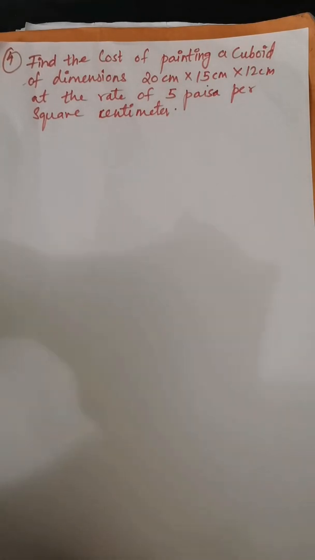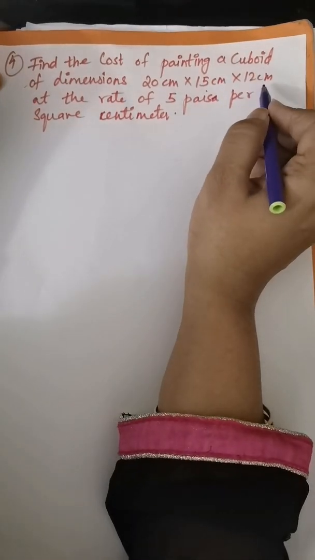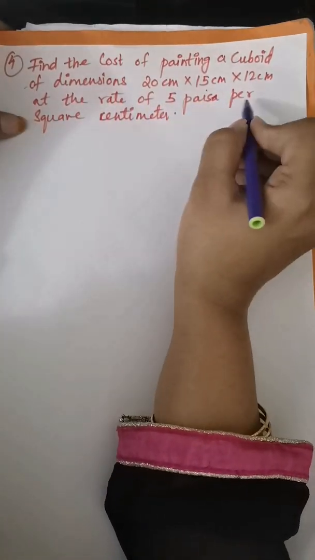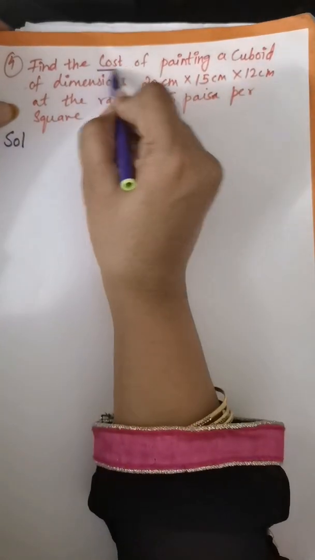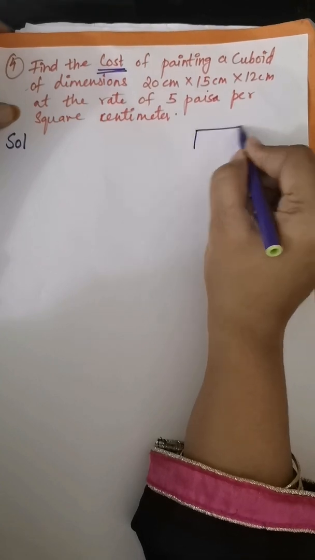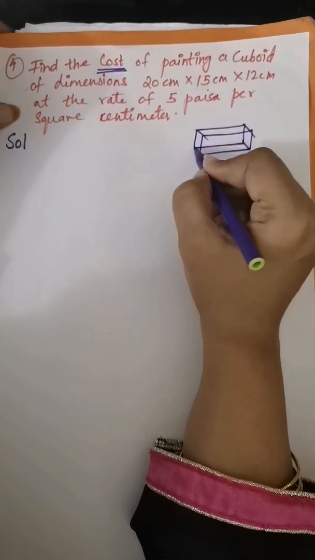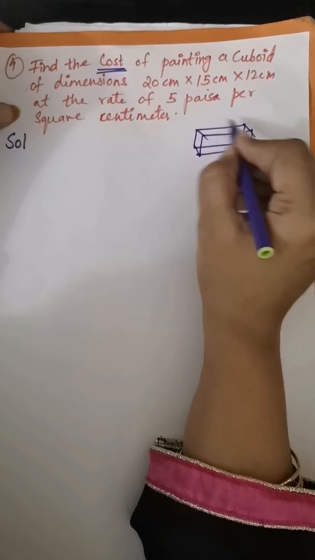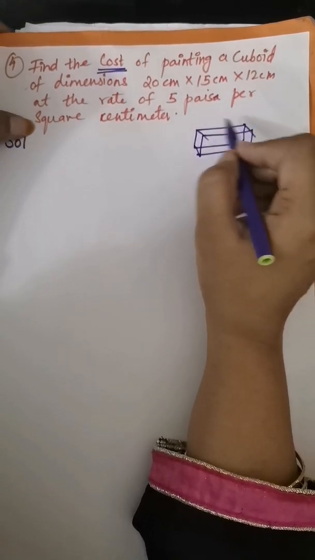Okay children, now the next question is: find the cost of painting a cuboid of dimension 20 into 15 into 12 at the rate of 5 paisa per square centimeter. Painting a cuboid means it will be the outside, so that means you have to find TSA.